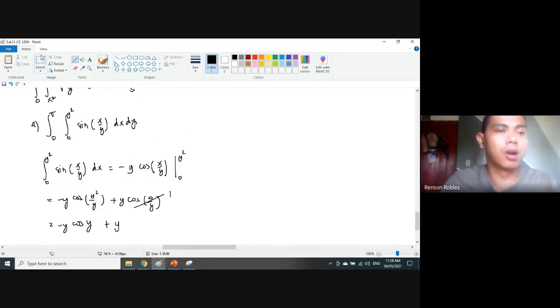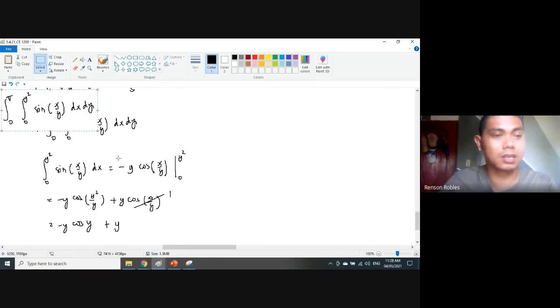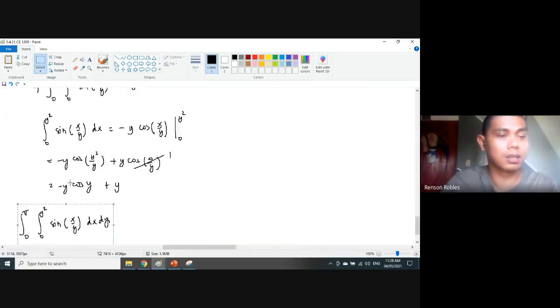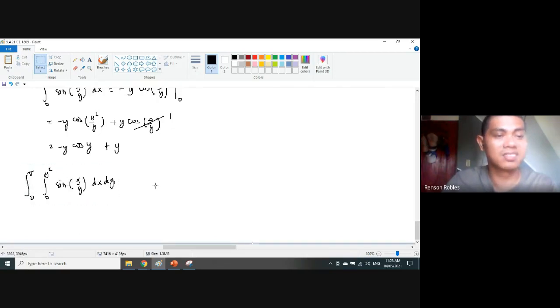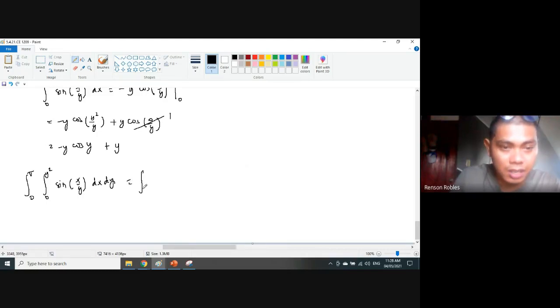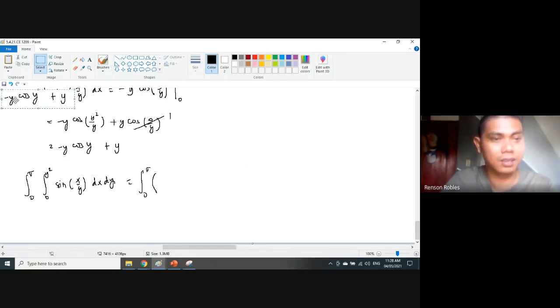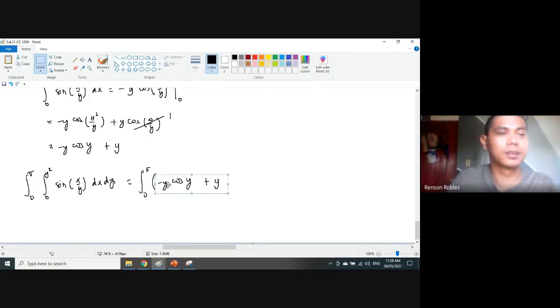And therefore, all right, we can now replace this. Then this is now equal to the integral from 0 to pi of negative y cosine y plus y dy. All right.